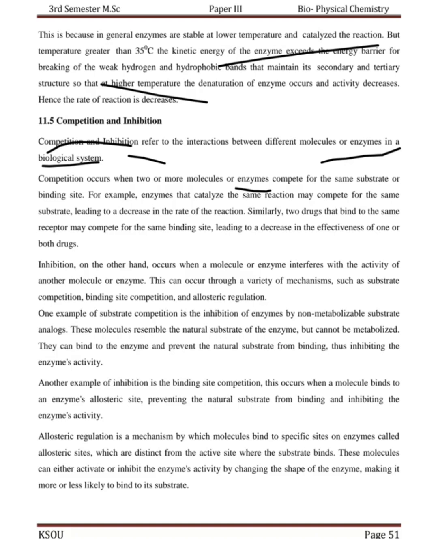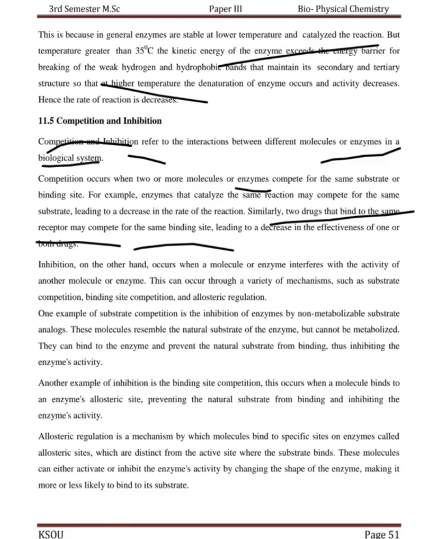So two drugs that bind to the same receptor may compete for the same binding site. Two drug molecules binding to the same receptor, which is nothing but the protein, compete for the same binding site, leading to a decrease in the effectiveness of one or both drugs.